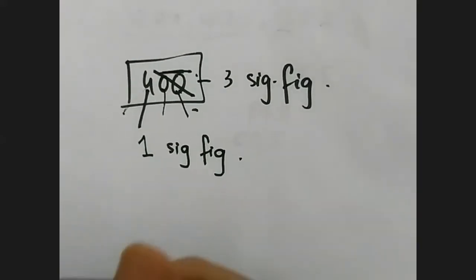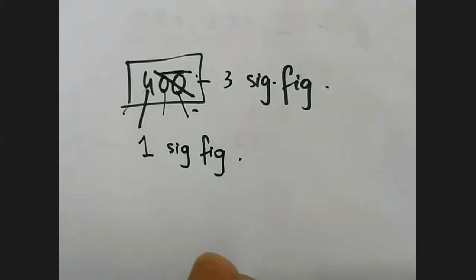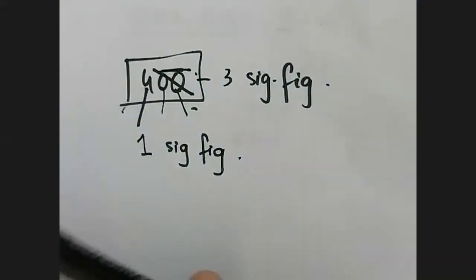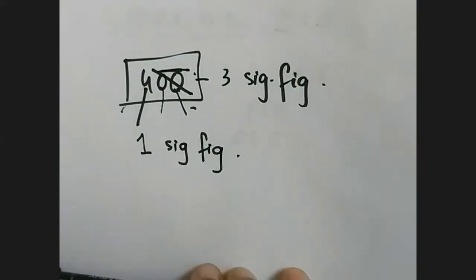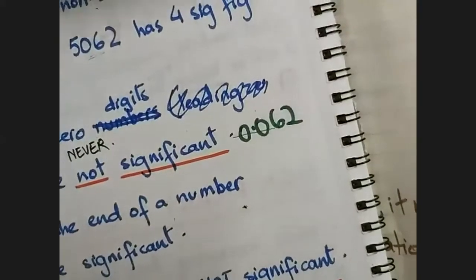To be on the safe side, we categorize the numbers as less precise. Okay, let's move on. Did you understand this?